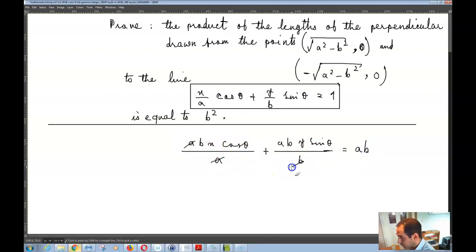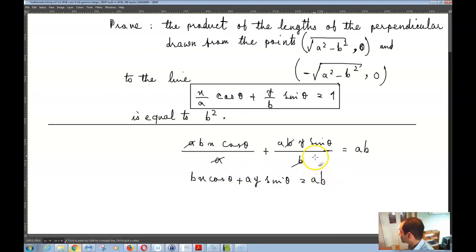And then I can simplify these, and you will be left with bx cos theta plus ay sin theta is equal to ab.